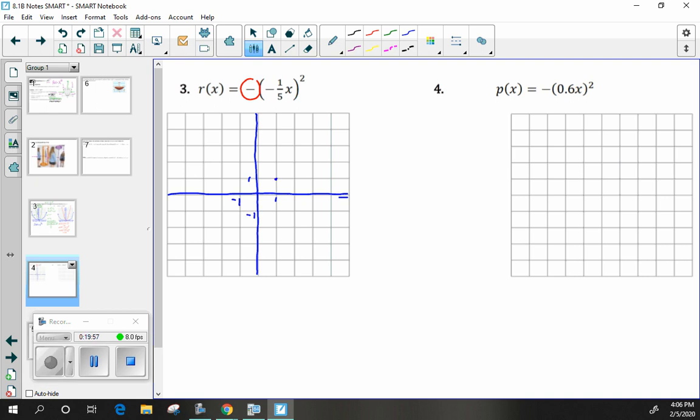So there we go. 1, 2, 3, 4. There we go. And we have a 1 times 1 here. And 2 times 2 would be here. So this is our parent function right here. Okay? Now, what are we going to do? I'll go back to red since I started in that over here.